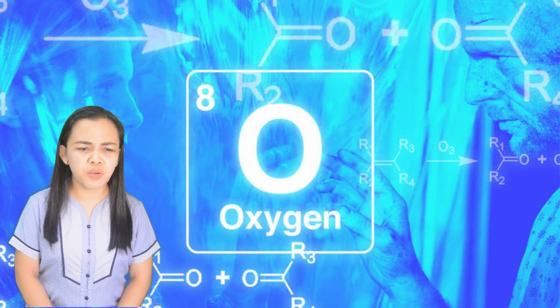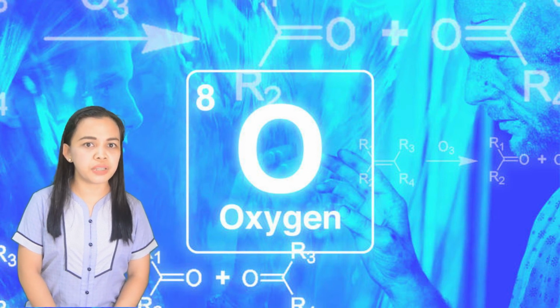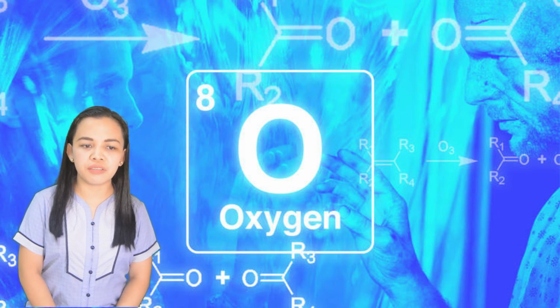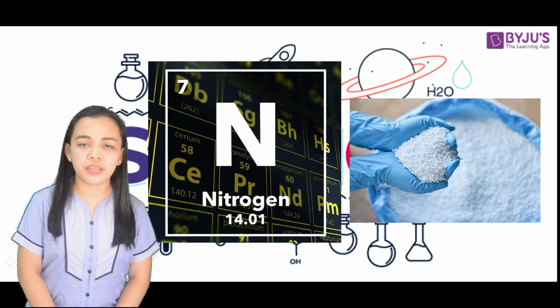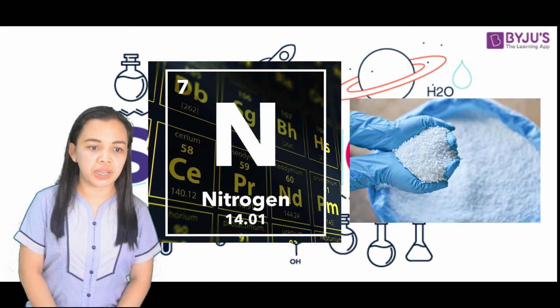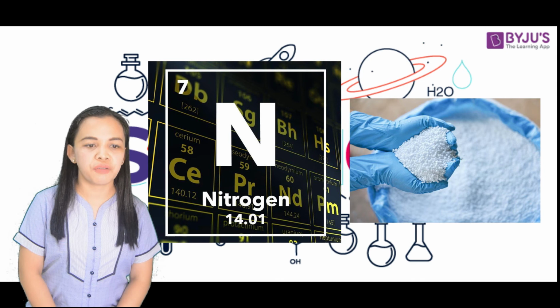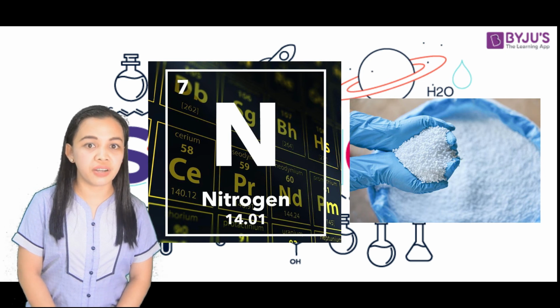It is the third most abundant element in the universe that makes up nearly 21% of the Earth's atmosphere, and we cannot live without oxygen. Another example is nitrogen. The large use of nitrogen is to produce ammonia. Large amounts of ammonia are used to create fertilizers, explosives, and nitric acids, which are necessary for certain organisms.